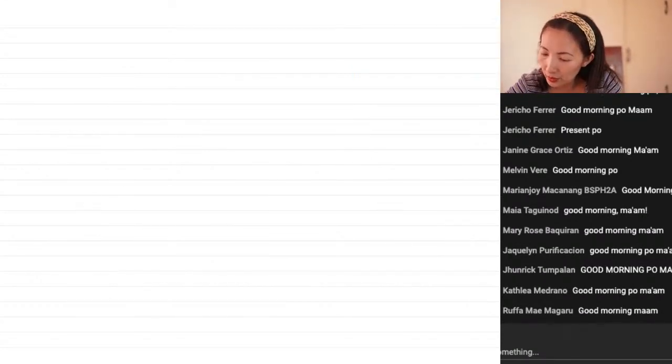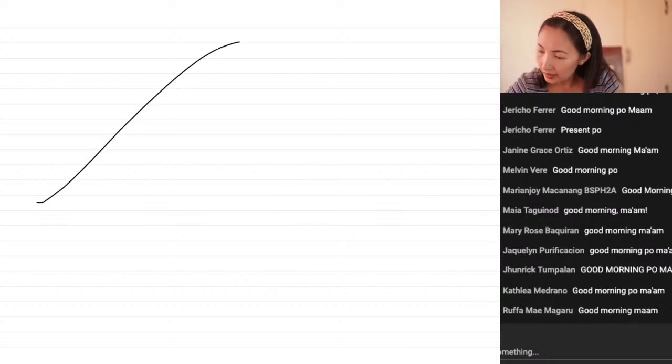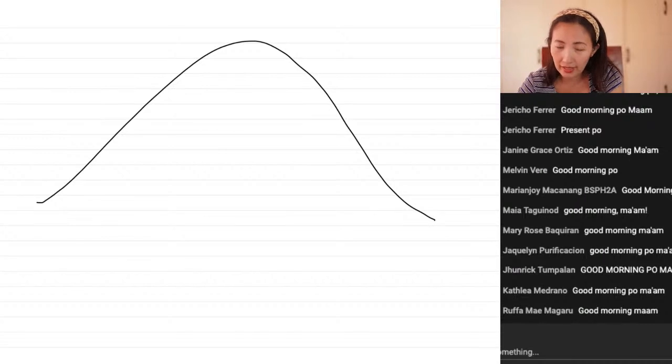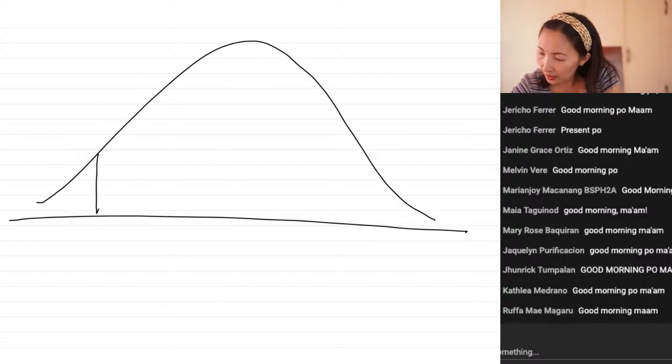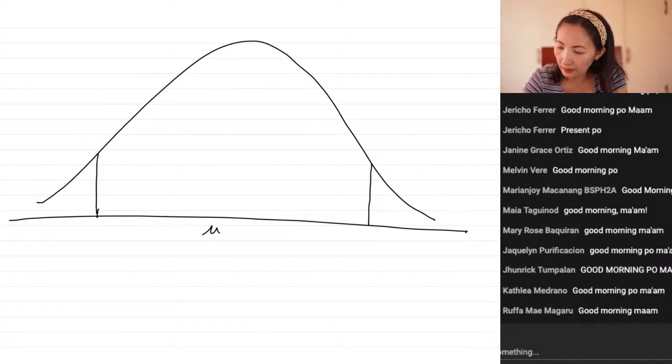Your normal distribution would look like this, with the population mean at the center. 95% confident means the population mean must be somewhere between these values. So this is our interval.